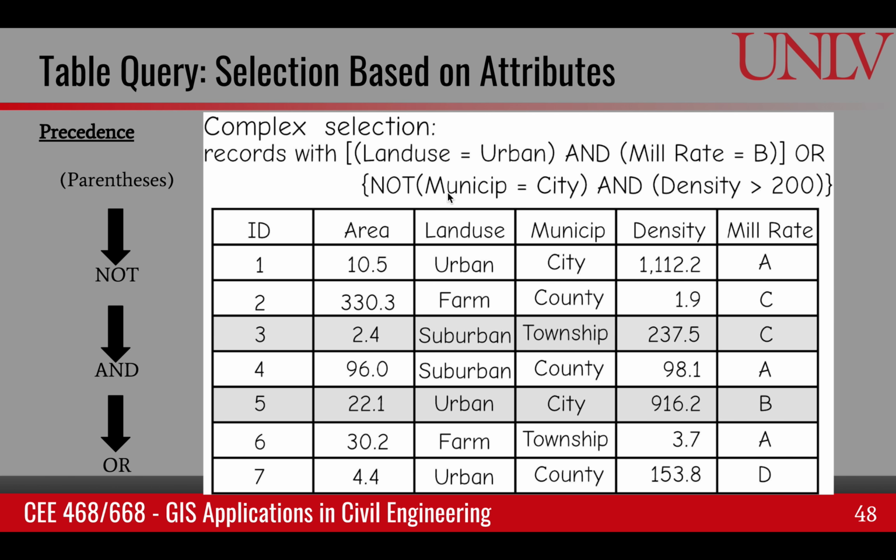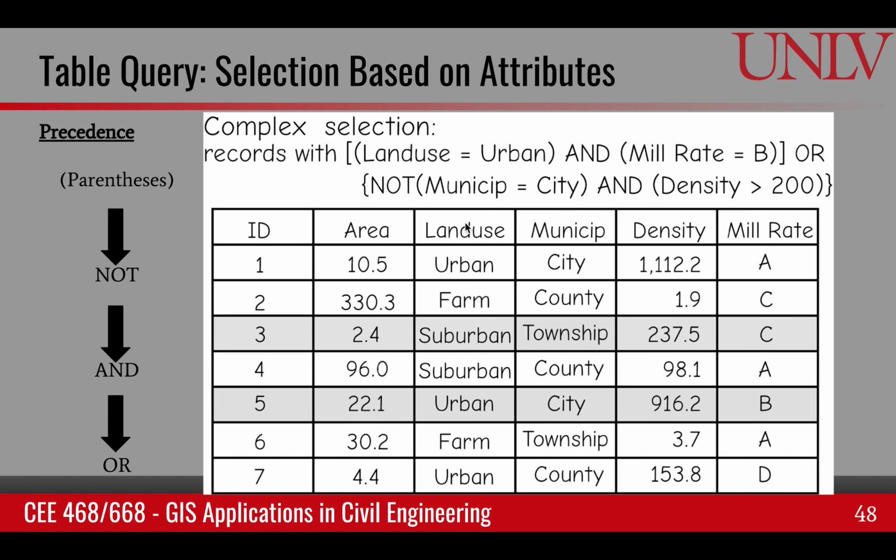Similarly here, when municipality is not equal to city, this will give us true. And when the density is greater than 200, this will give us true. And when either of these is true, then the whole condition will give us true. So if you apply these conditions over here, you can see that only number 3 and 5 will satisfy the conditions.